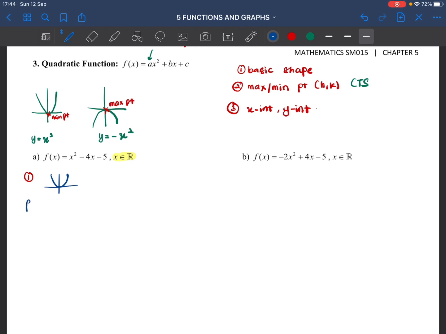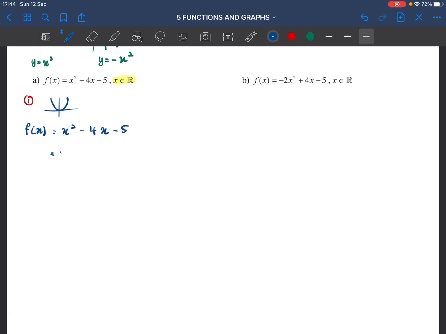Okay, now we are going to do completing the square. So we have f(x) equals x square minus 4x minus 5. So how to do completing the square? Basically salin balik the first part, x square minus 4x, and then plus b over 2. So your b is negative 4. So kita ada negative 4 over 2 square.